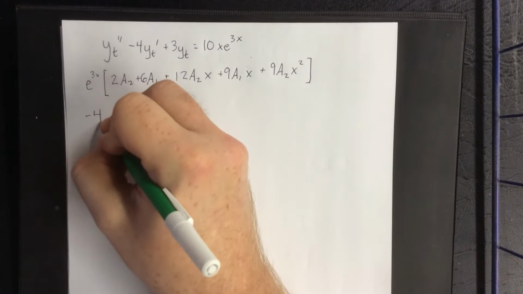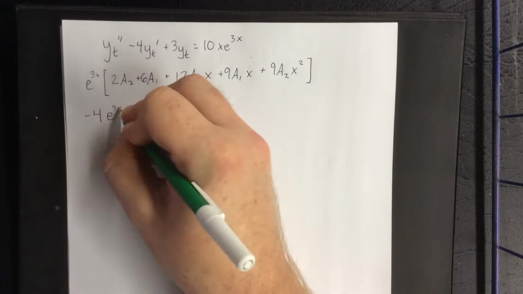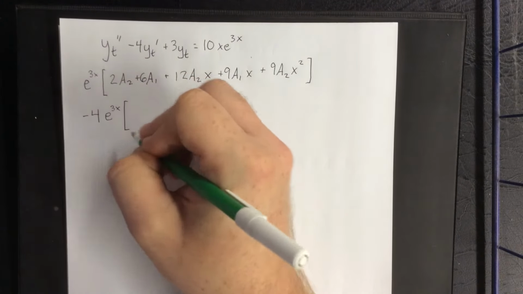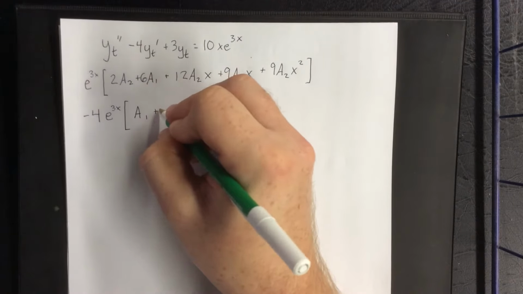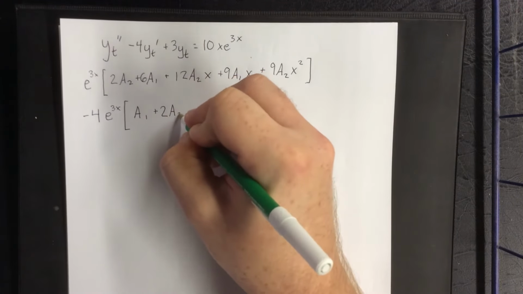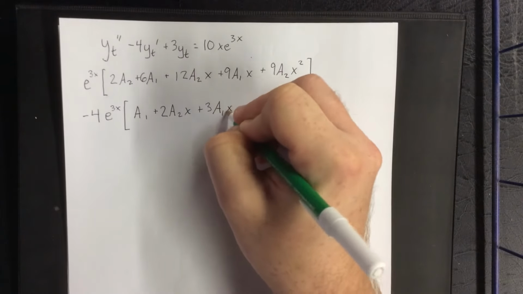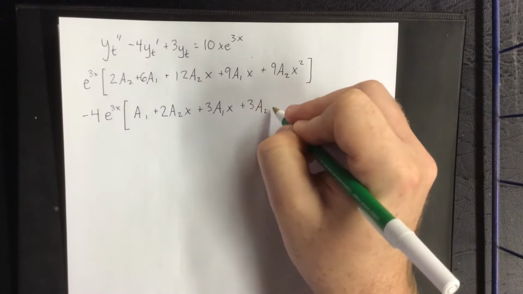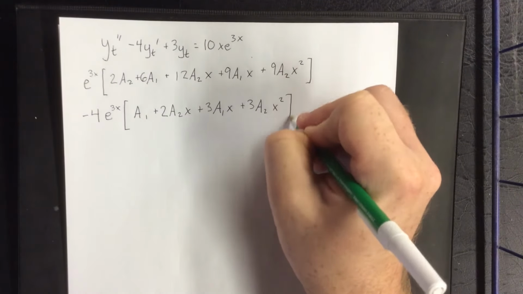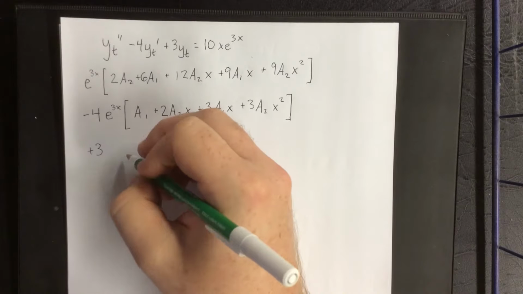Minus 4 times the first derivative, which was e to the 3x times, oh boy, so we had an a1 plus 2a2x plus 3a1x plus 3a2x squared, plus 3 times the original function.